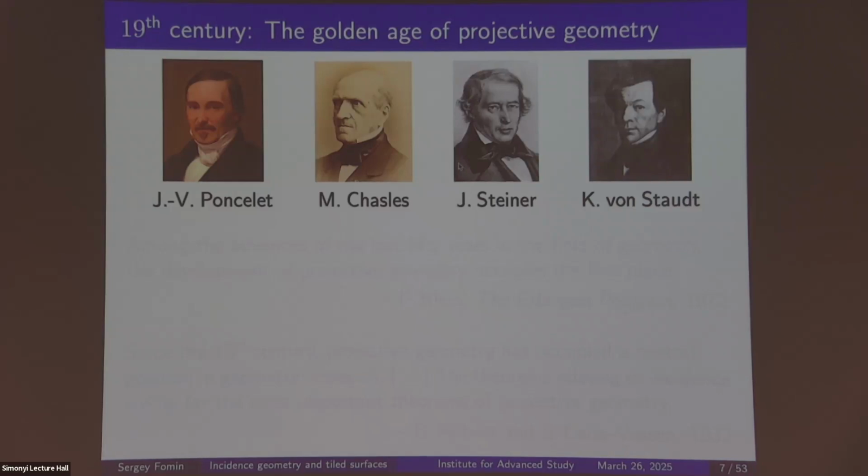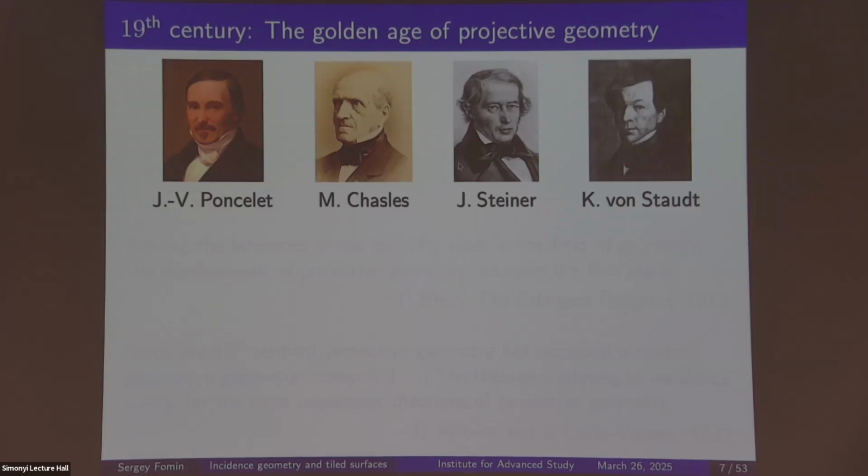The 19th century was the golden age of projective geometry. People like Jean-Victor Poncelet, Michel Chasles, Jakob Steiner, and Karl von Staudt produced the classical body of results.